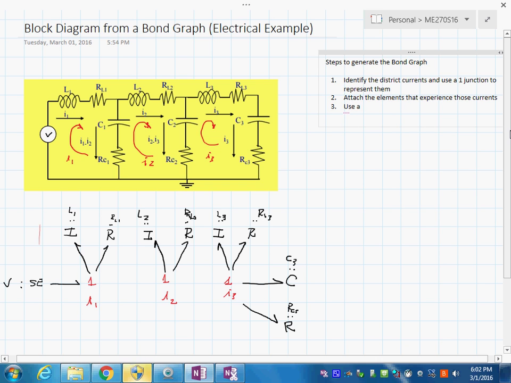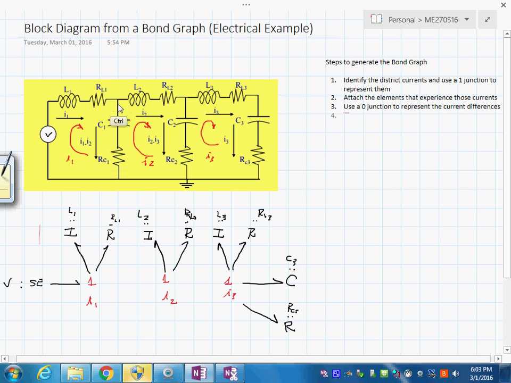What happens in this case is, over here you have the current like this, and over here you have this other one. The elements that are in between see the difference between this and this other one, and the elements in here see the difference between this and this other one.